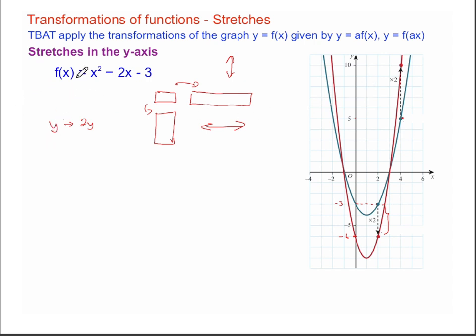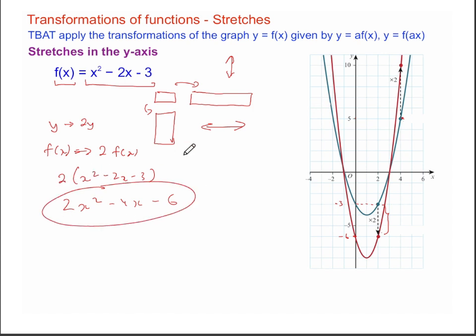And y is another representation of f of x. So every f of x becomes 2 f of x. And so if you want to convert this into its stretched equation, you just multiply 2 by the whole thing. So 2x squared minus 2x minus 3 just becomes 4x squared... 2x squared minus 4x minus 6.